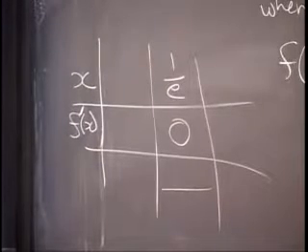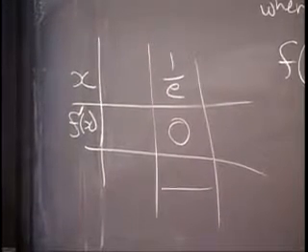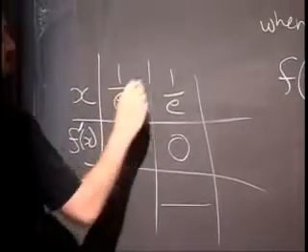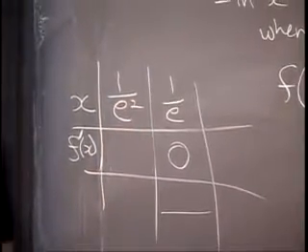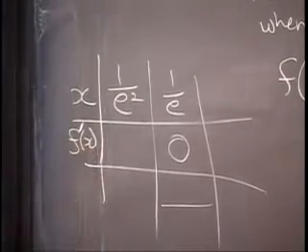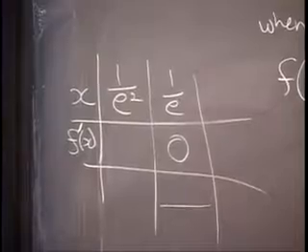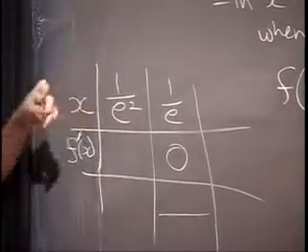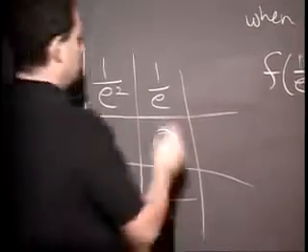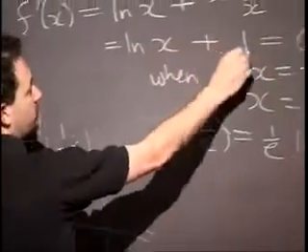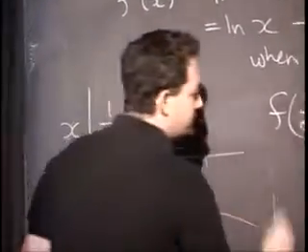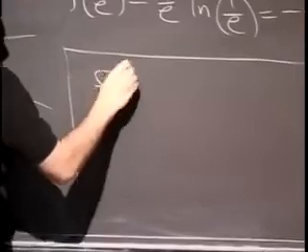Now, a number that is a little bit less than 1 over e, I don't know, let's take 1 over e squared. After all, e squared is bigger than e. 1 over e squared is less than 1 over e, rather. And I chose this because it's very easy to take the log of it. So the derivative is log x plus 1, log of e to the minus 2. So let's just set up a little table here.